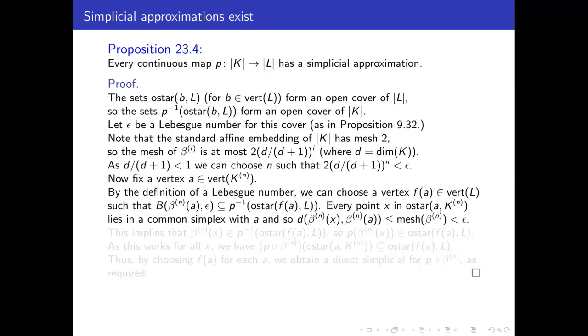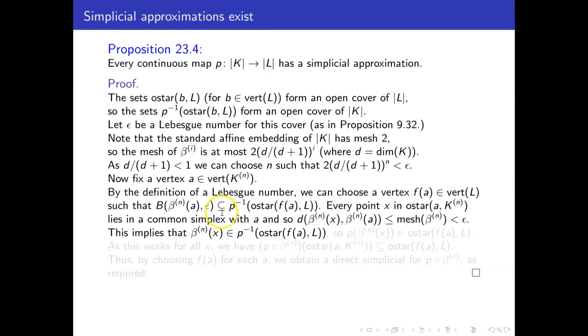And now let's think about any point X that lies in the open star of A in the subdivided complex K^n. Any such point X lies in a common simplex with A, and so the distance from beta^n X to beta^n A is less than or equal to the mesh of beta^n, which is less than epsilon.